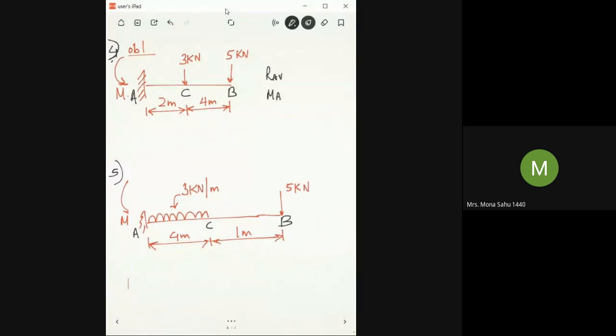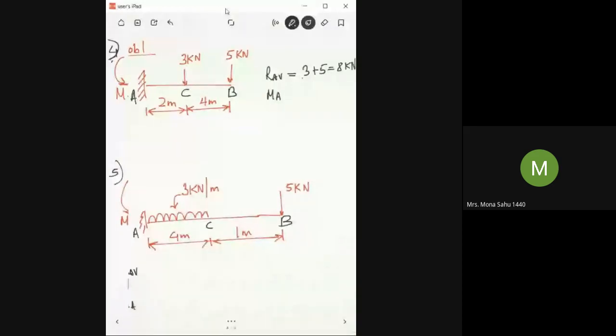So tell me the answers. So RAV for the first problem is going to be 3 plus 5, 8 kilonewton.